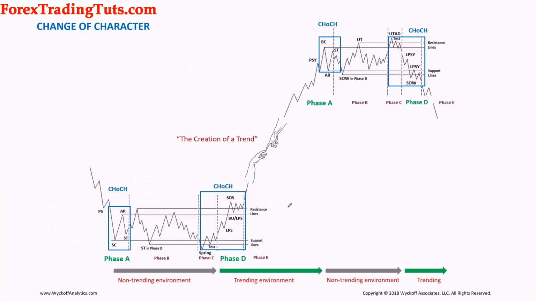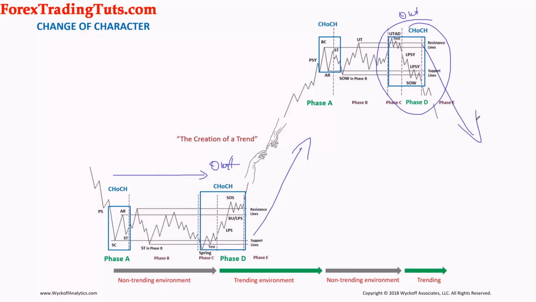Okay, let's talk about the second change of character. That second change, as I mentioned, is going to be on the way out. It doesn't really matter whether it's an accumulation or a distribution. It's still going to be on the way out before the markup and the markdown happen.